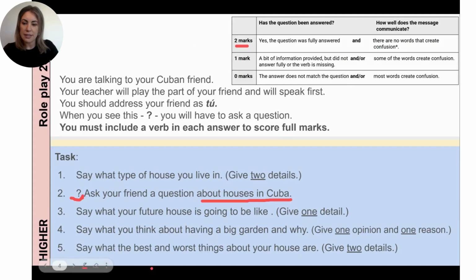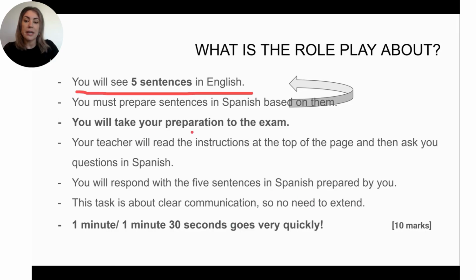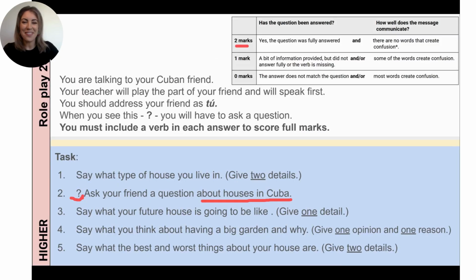The important thing is that you communicate and you complete your preparation with the instructions. The final bit that you need to know is that you will take your preparation to the exam. So that's why it's really important that you have that exam technique. All right. So today's example, talking to a Cuban friend, and you must include a verb in each answer to score the marks. So there we go.